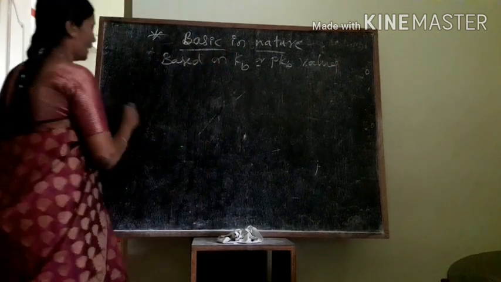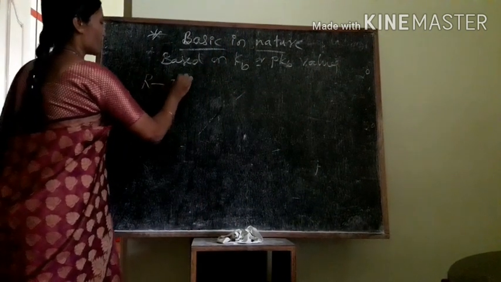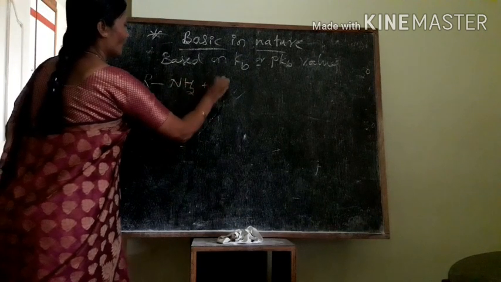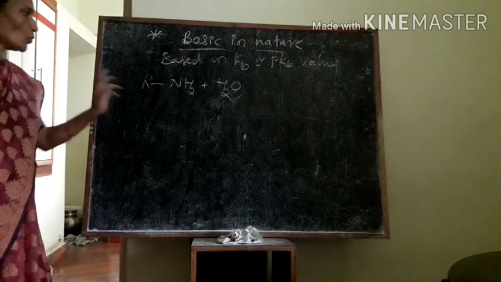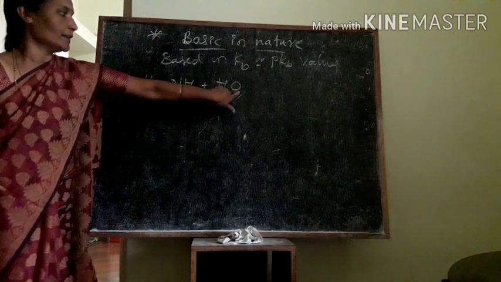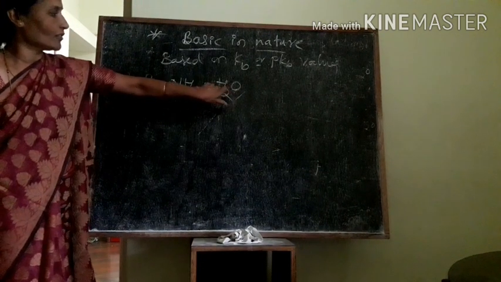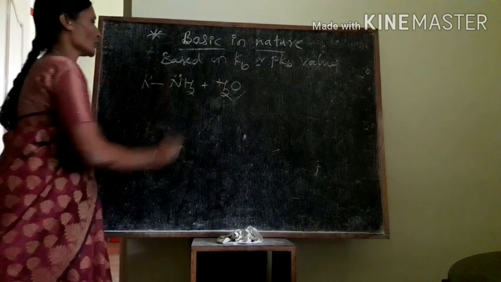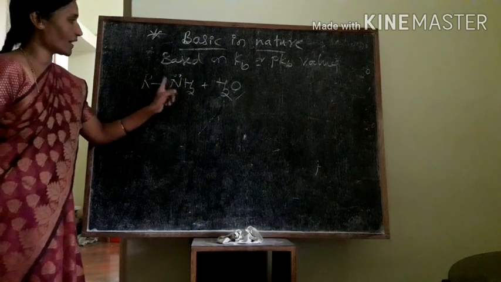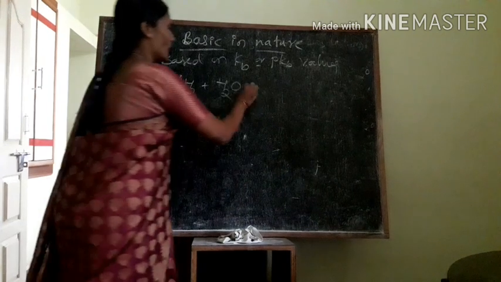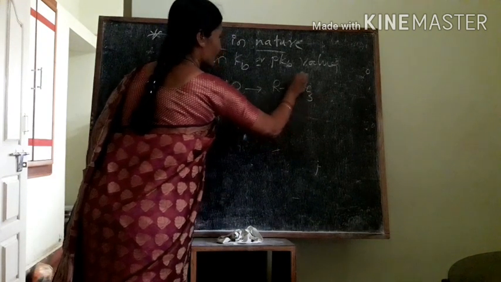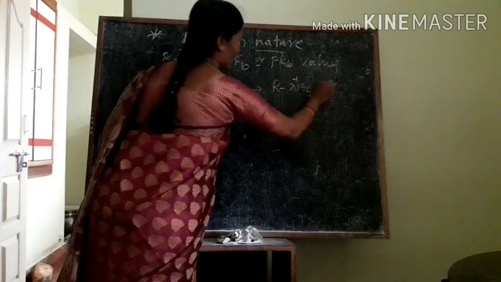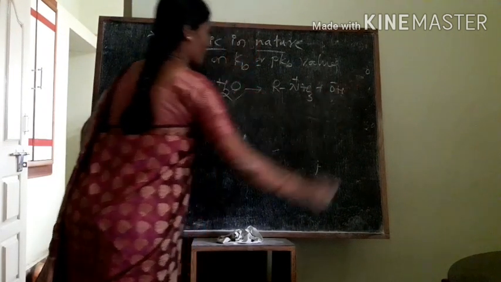I will take amines, that is RNH2, undergoing hydrolysis. Hydrolysis means reaction with water. There is a proton and OH-. The proton bonds to nitrogen, or nitrogen gives its electron pair to that proton, making a salt, RNH3+ as the plus part and OH- remaining.